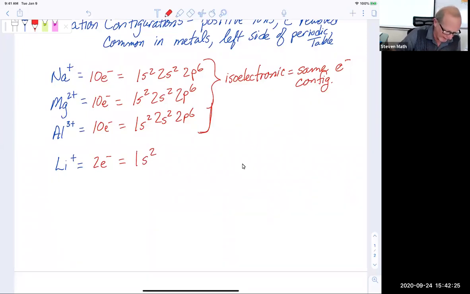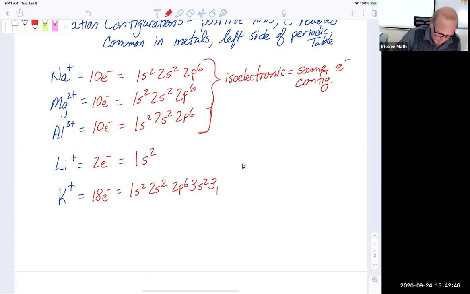Let's look at another cation. Let's look at potassium. Potassium forms a plus ion. Normally potassium has 19, but when we form the ion, it's going to remove an electron. It's going to have 18 electrons. 1s2, 2s2, 2p6, 3s2, 3p6.